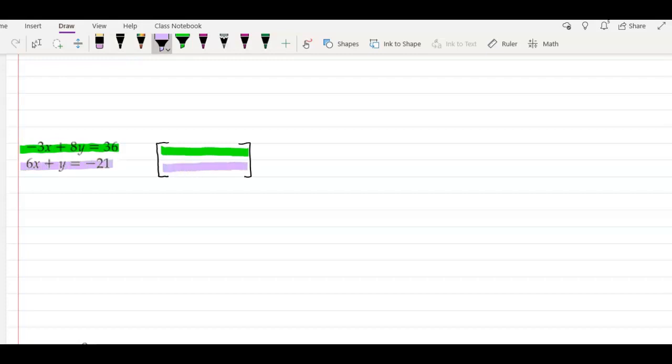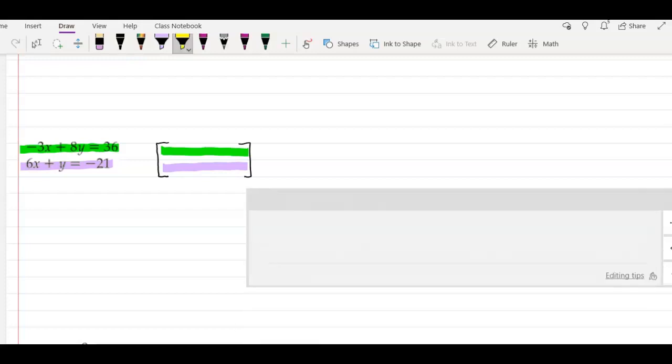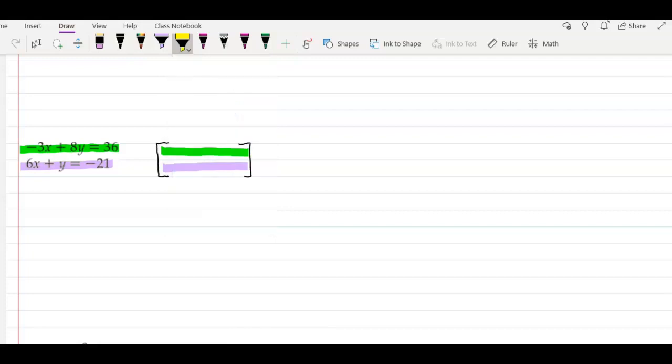Now, when I write my equations on these lines, I don't put the x's or the y's. So in my first column right here, these are going to be my x's.